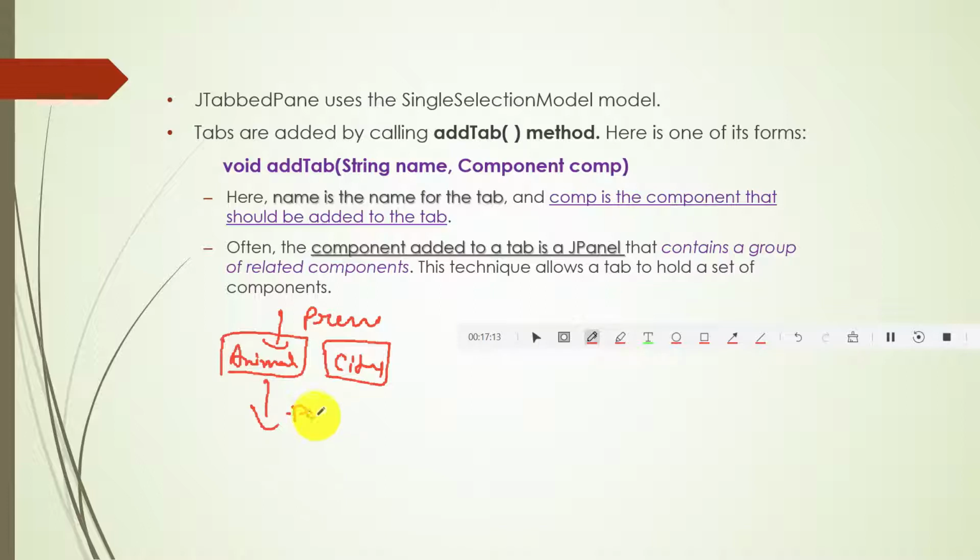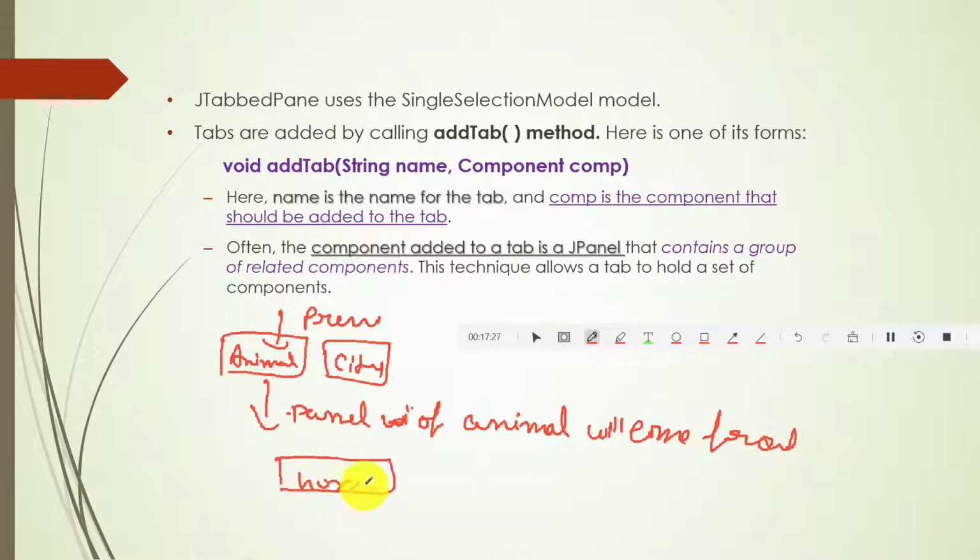The panel of animal will come to front, and I add three animals, like horse, then cow, then tiger. So these three will come when you press the animal tab.